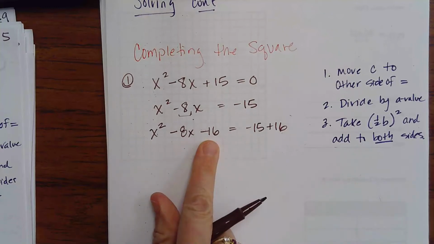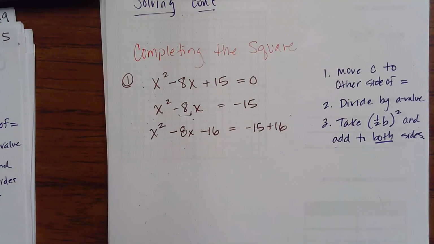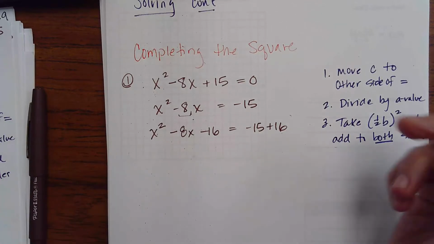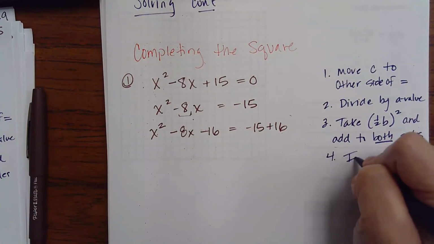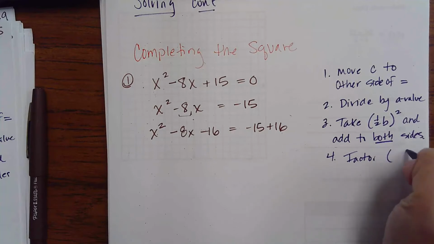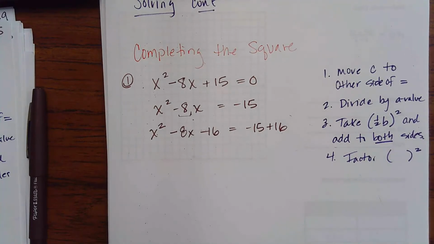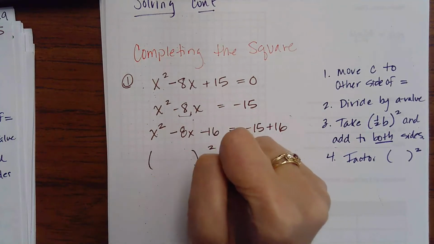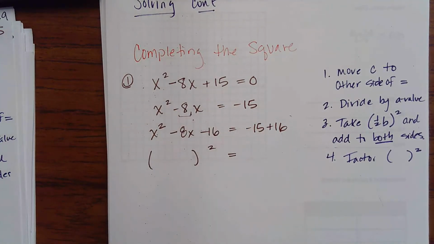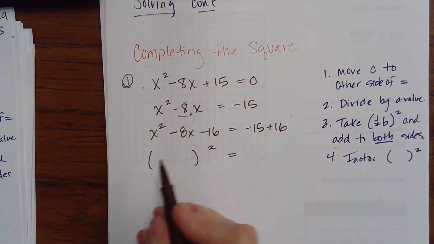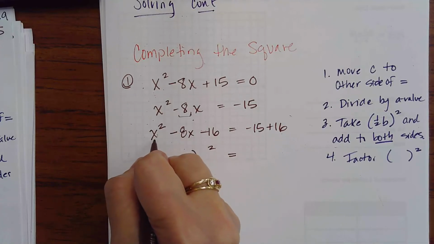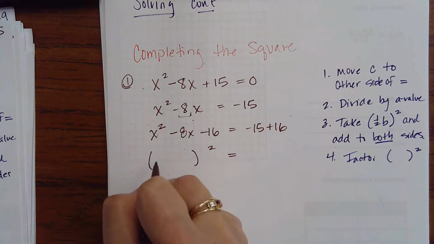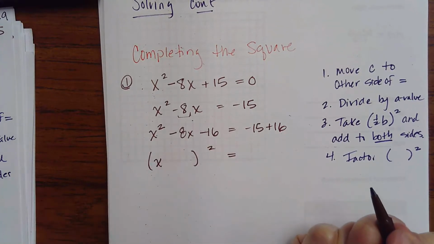What this does then, by doing that, we get this left side to be a perfect square trinomial. And so now our next step is to factor that perfect square trinomial. A perfect square trinomial factors into basically the same parentheses twice. We have kind of the shortcut way, which is to take the square root of the first value. So the square root of x squared is x.